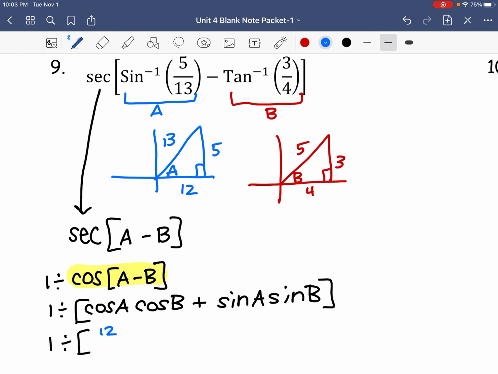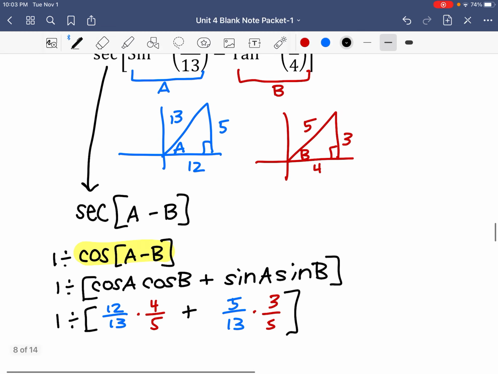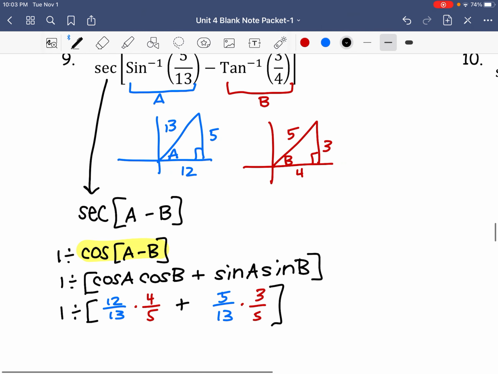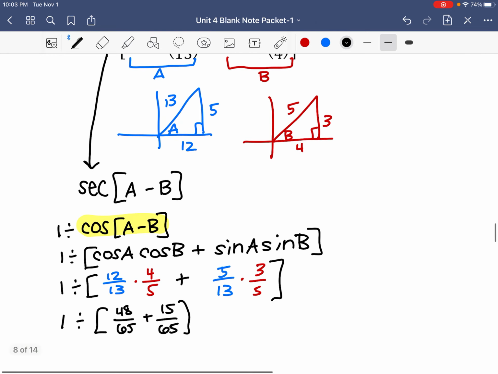Just go triangle by triangle and fill these out. Go ahead and multiply straight across. 48 over 65 plus 15 over 65.